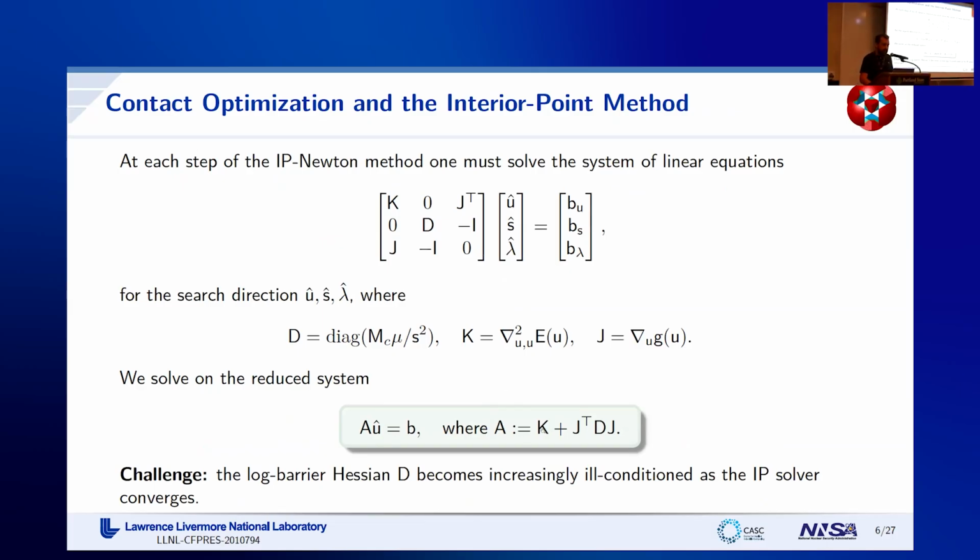K here, in the case of linear elasticity, is just the linear elasticity stiffness matrix of the two bodies, or more than two bodies, doesn't have to be two. J is the Jacobian of the gap function, and D is this log barrier Hessian, which becomes increasingly ill-conditioned as the IP converges. As you apply more and more the contact constraints, this D becomes terrible, and it ruins the whole system.